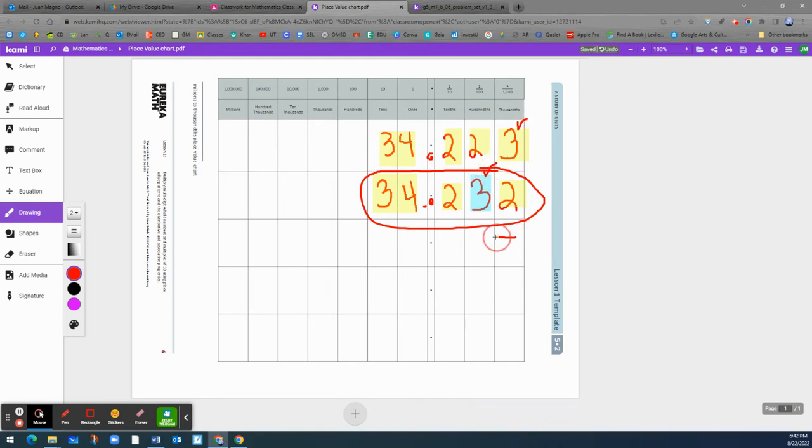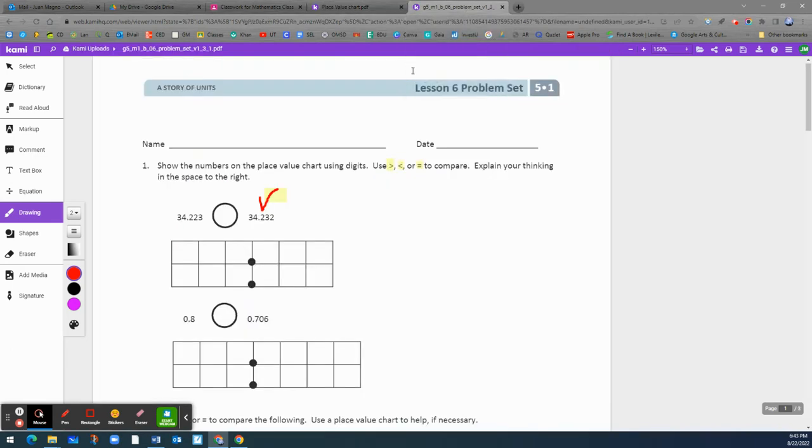The more the numbers move to the left, the more value they will have. So now we know we can decide which symbol to use. And we know that the one with the 232 will be the answer. So then we'll use the symbol that says the number on the left is less than the number on the right. And so we will use this to compare it.